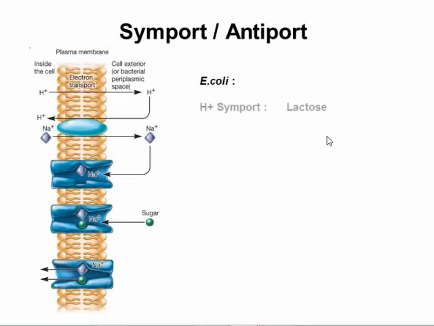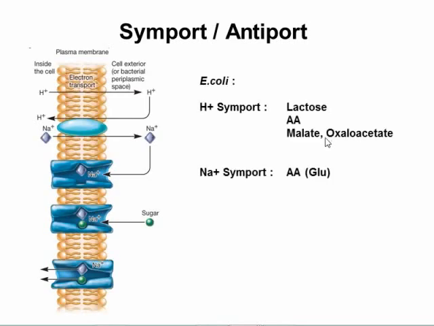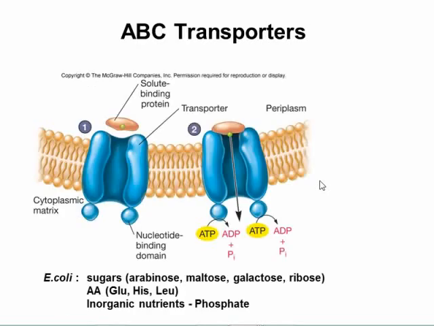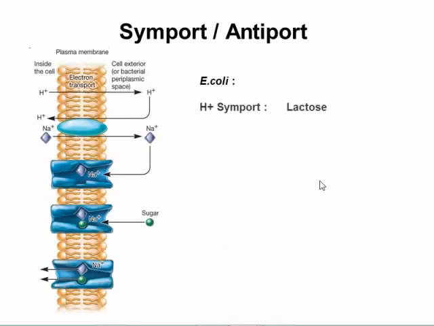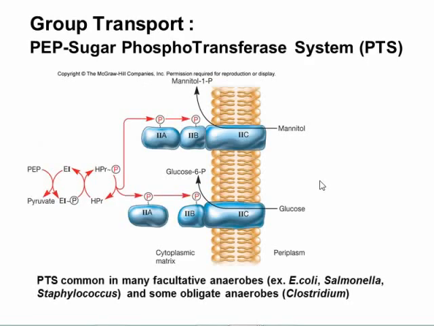Symport system, proton symport, malate, oxaloacetate. That would be the one to remember. If you're clever, sodium symport, glutamate, this one will work as a correct answer for both of these systems. Okay, you can optimize your revision here.